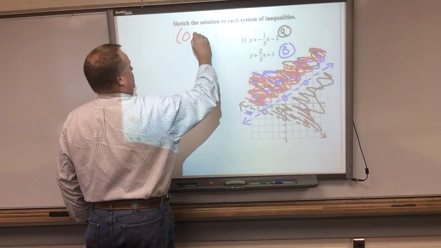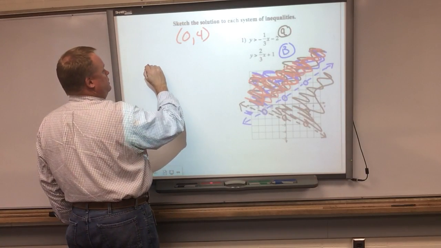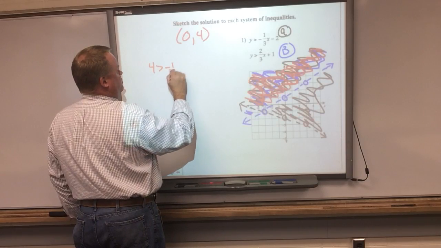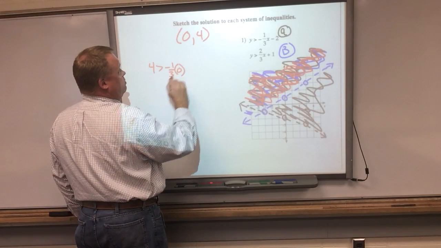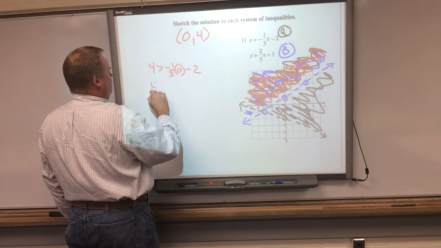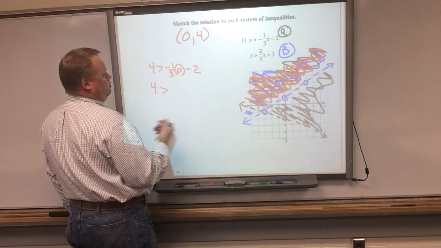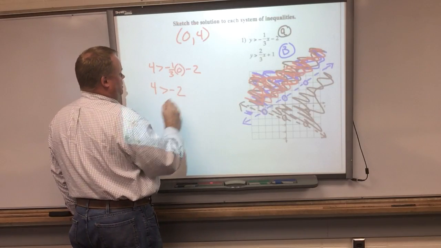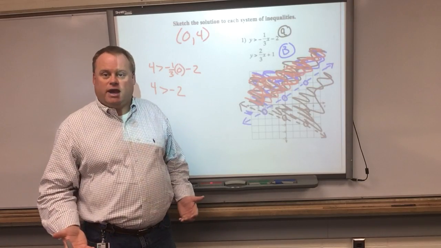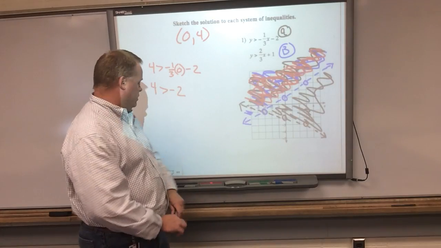Y is 4, greater than a negative 1/3 times 0, because x is 0, minus 2. Well, negative 1/3 times 0 is 0, so I'm left with negative 2. Is 4 greater than negative 2? Yes, it is. So I know that it satisfies the first one.